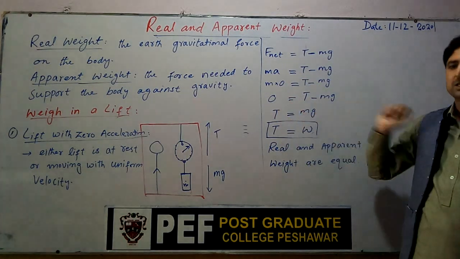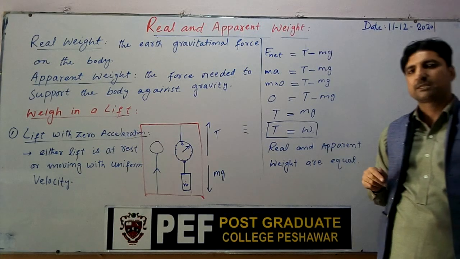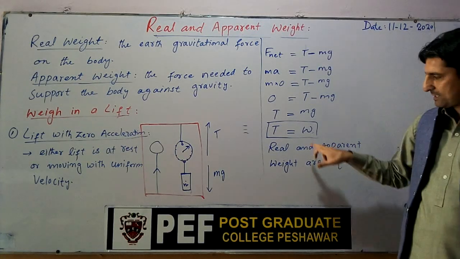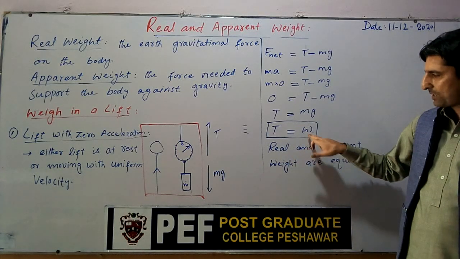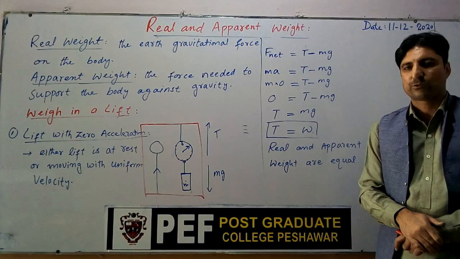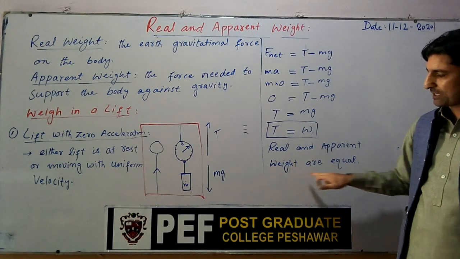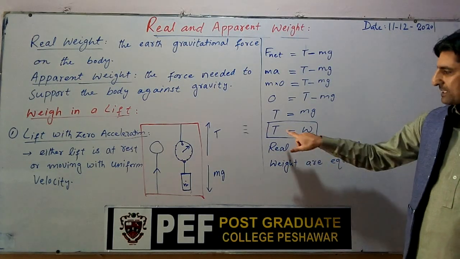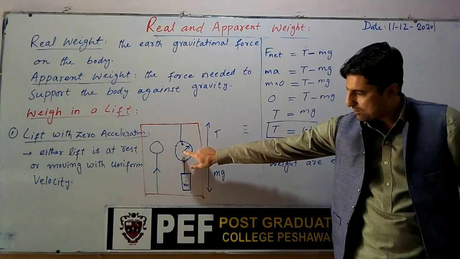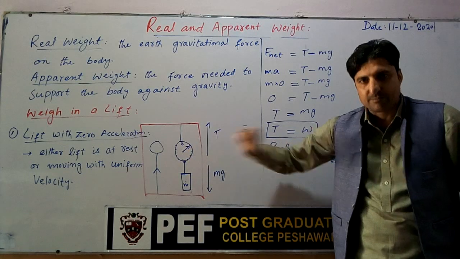So 0 equal to T minus mg, or arranging this equation we get T equal to mg or T equal to W. This W is the real weight and tension is the force which balances this weight. So hence real and apparent weight are equal. Tension will be the force, the weight which is given by this scale.